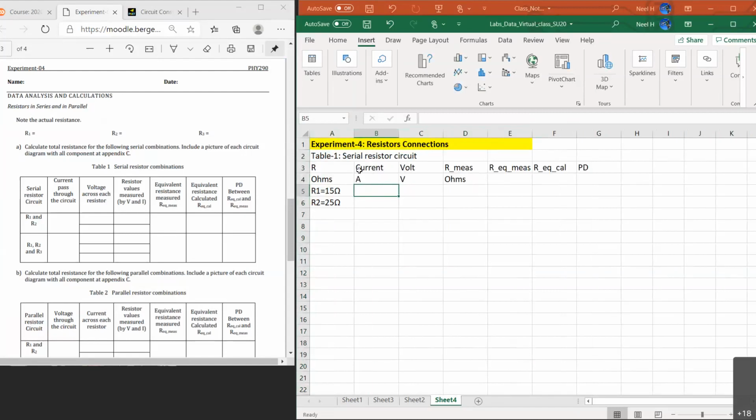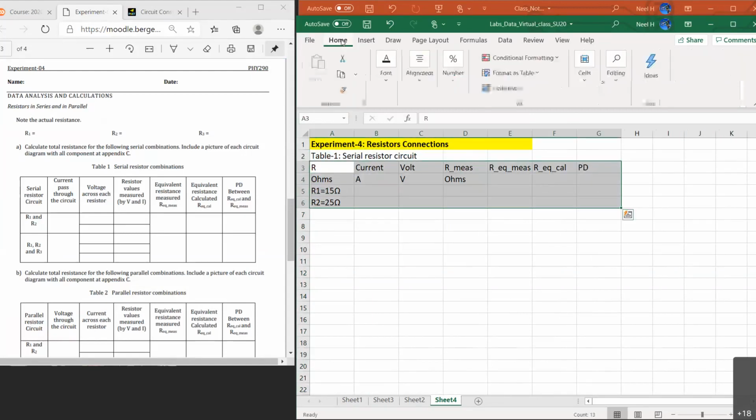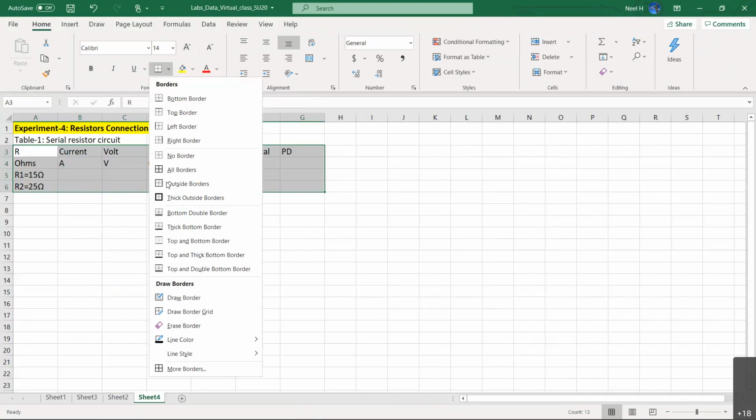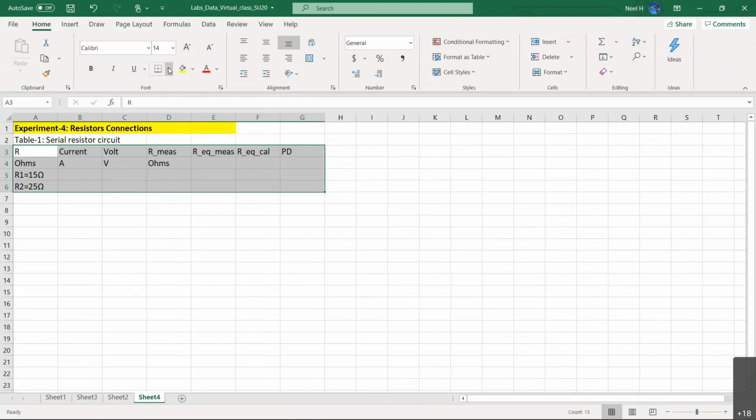Formatting is up to you, right? I'm just showing you how to format maybe one table. The rest of the tables, I'm not going to spend time on doing. You can do that later. So the formatting should not be a big deal right now. Everybody should be familiar with all of this stuff.